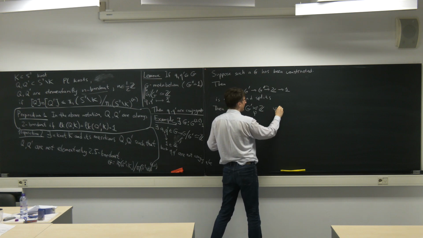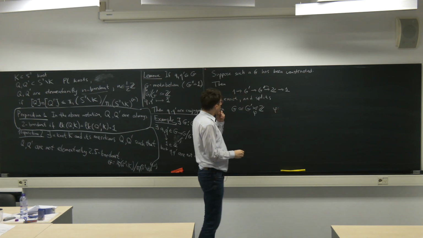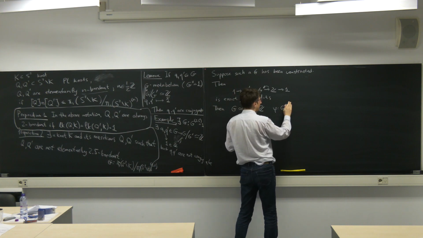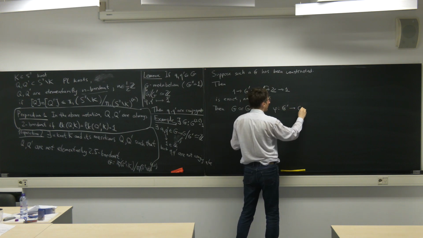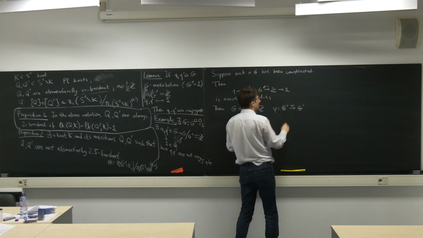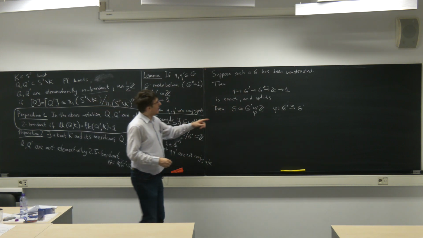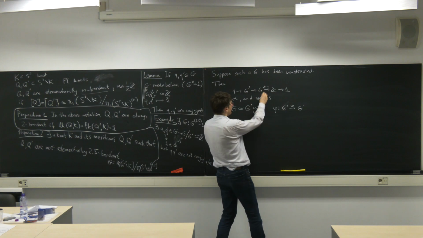So phi is an automorphism of G prime. So what is phi here?